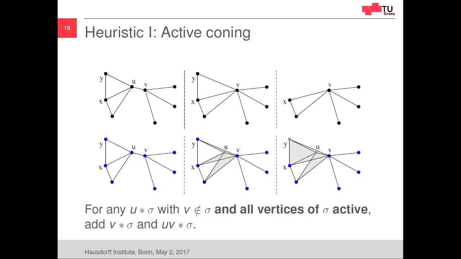And again, this argument with the collapses still works, so you don't lose anything. And this example is a bit bad because the picture looks the same, but you can observe here that the tetrahedron uvxy is not there. The reason is that you would not copy the triangle uyv to x, just because this vertex is inactive. Yeah? So you save a few simplices in this example.